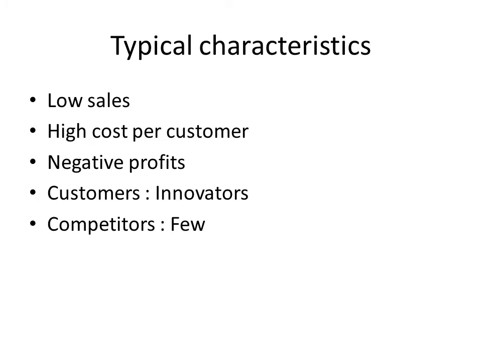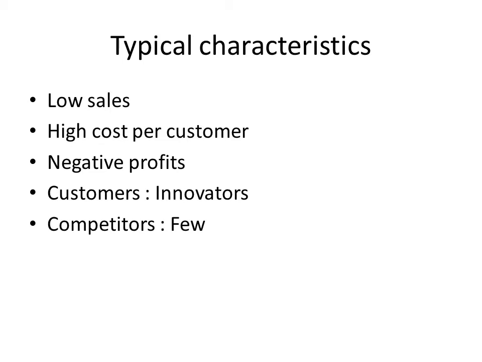The following are typical characteristics that we have: the sales, the cost, the profit, the customers you're targeting. Just note that there is something called the adoption curve, which you can probably check out. It involves first innovators, then early adopters, early majority, and finally laggards.